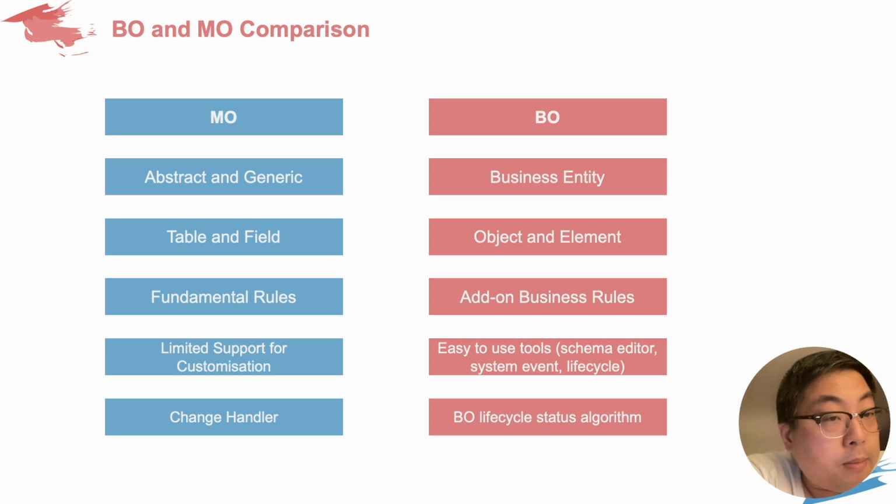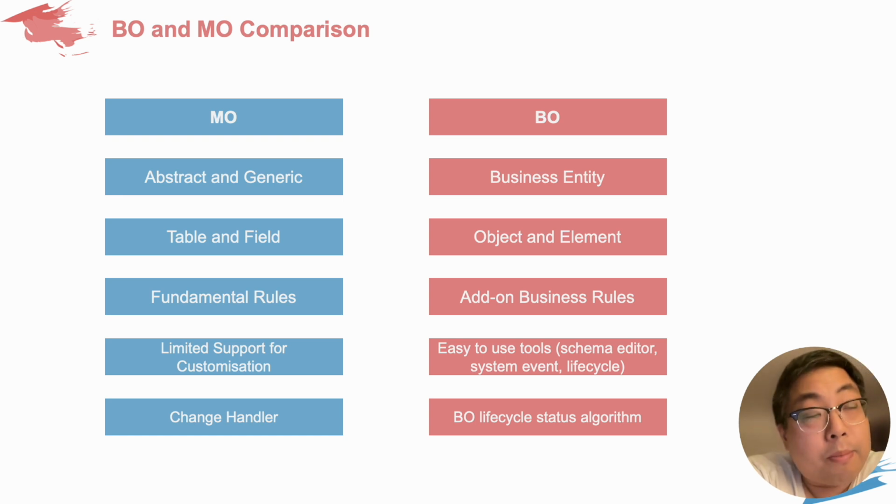And then the maintenance object has fundamental rules, whereas business object has add-on business rules. The reason I'm talking about add-on business rules is that in the future, we will talk about the order of execution, how the rules are executed if you invoke a business object. It doesn't mean the maintenance object rules are ignored, but there is an order to it.